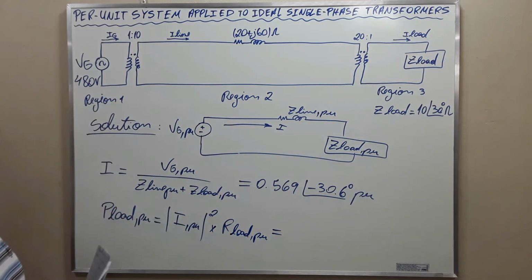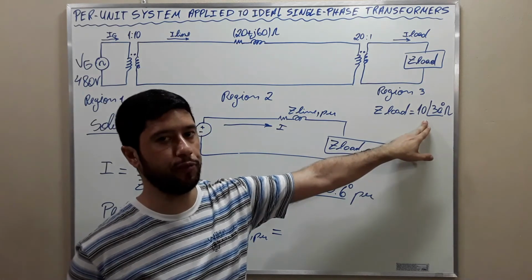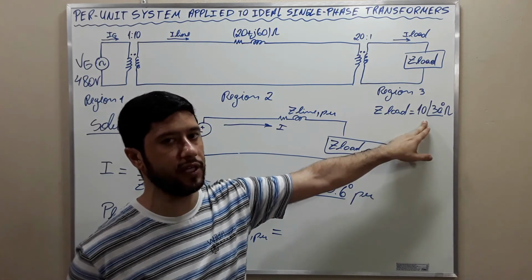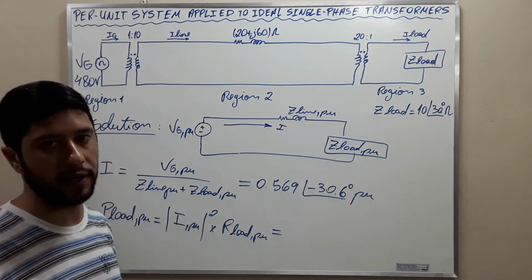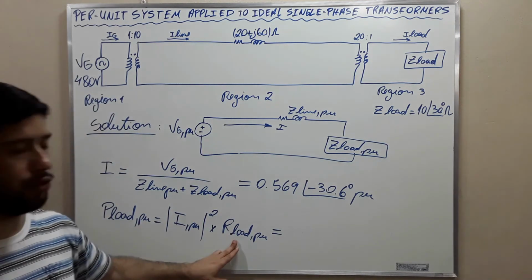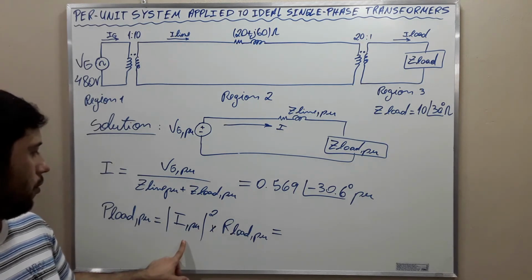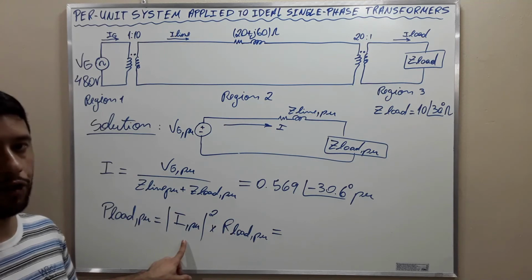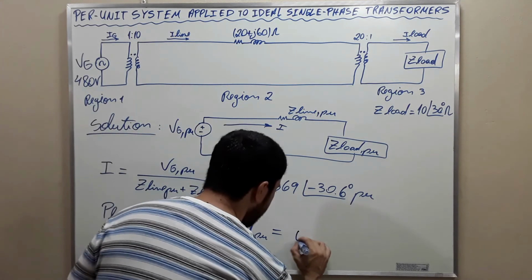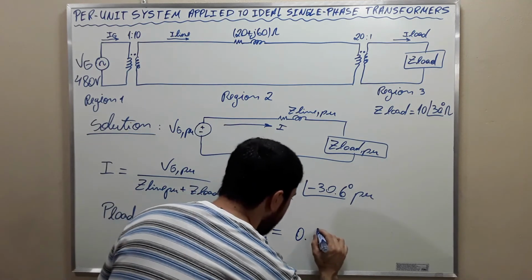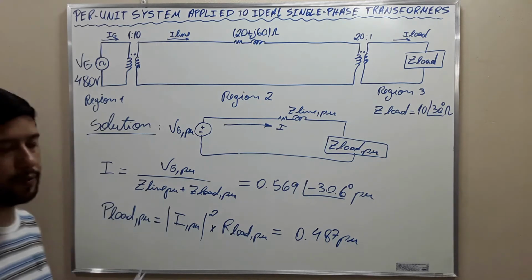If we convert this polar form into the Cartesian form, we get the real and the imaginary part. We use the real part and multiply by the magnitude of the current squared, and then we find 0.487 per unit.